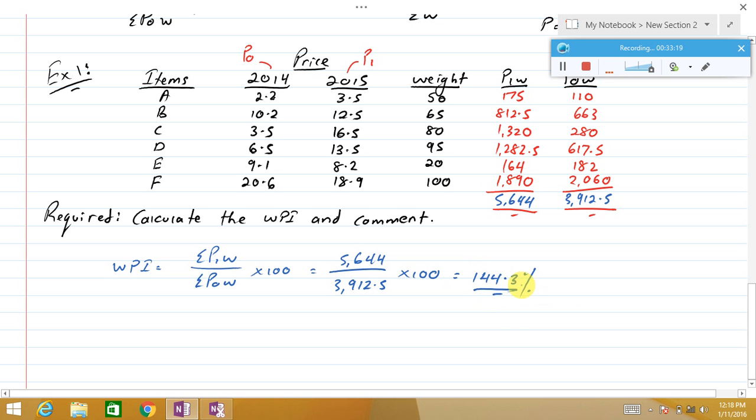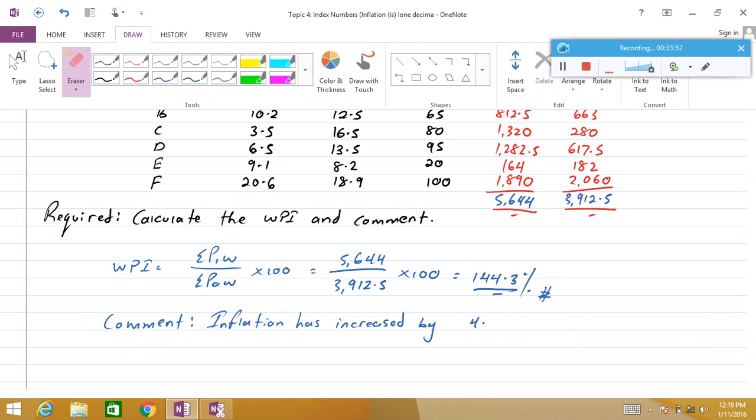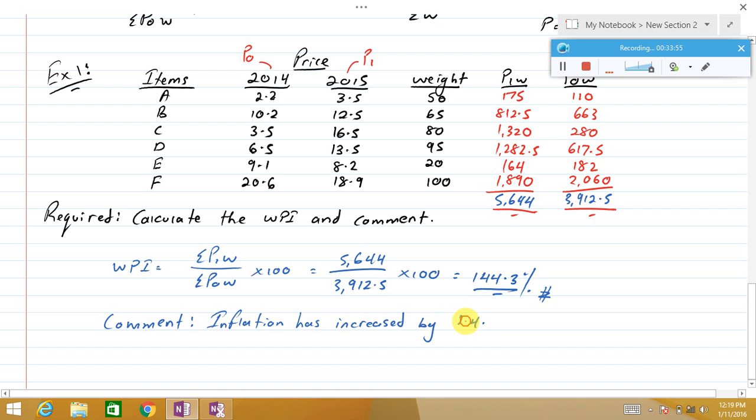Then don't forget to comment as well. So inflation increased by 44.3%.